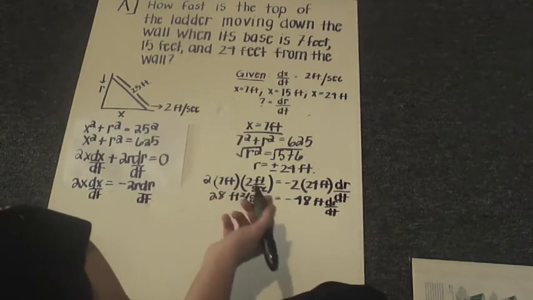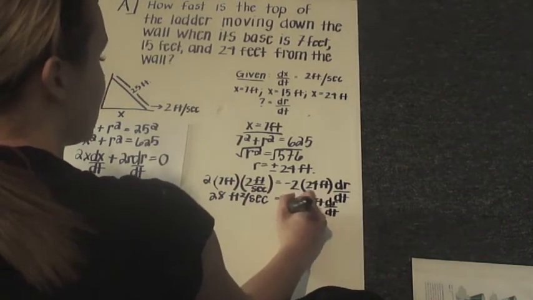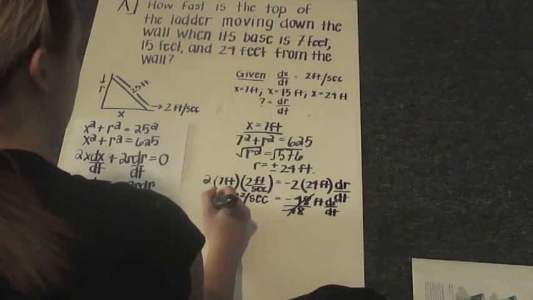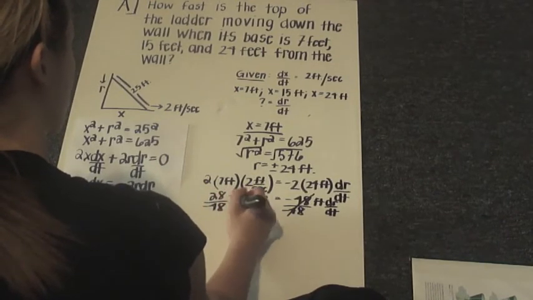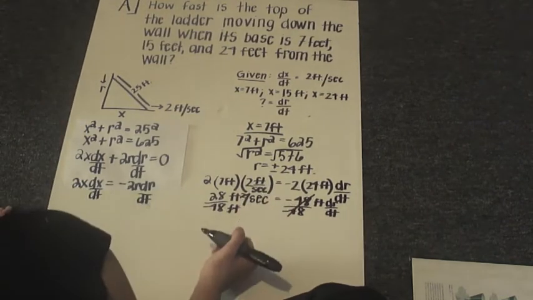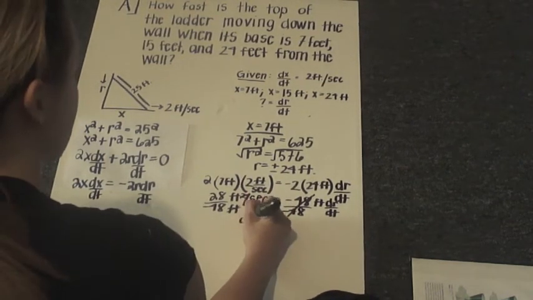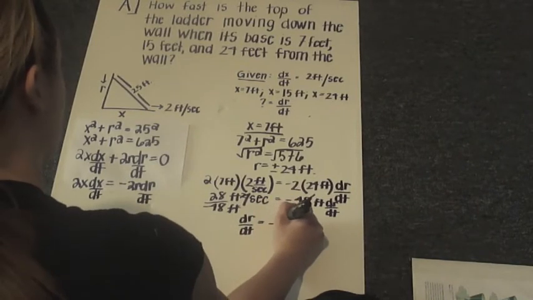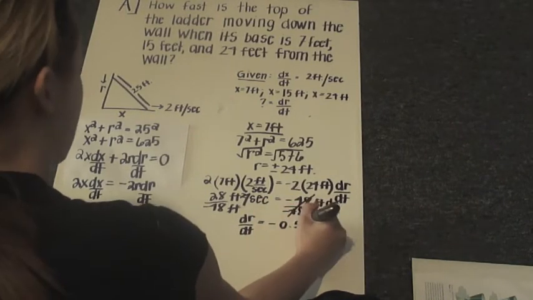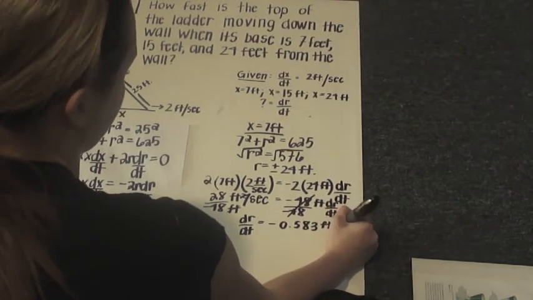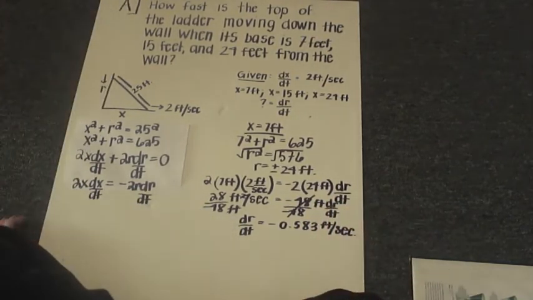And then you're just going to divide and get dr/dt by itself. And you end up getting that dr/dt is equal to negative 0.583 feet per second. That was easy, wasn't it?